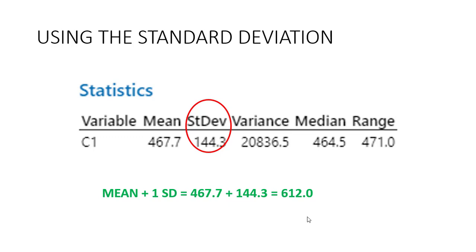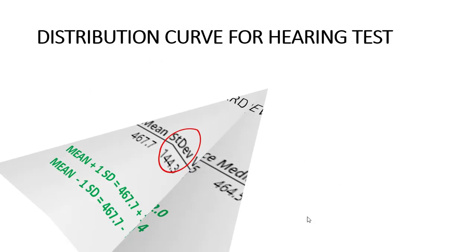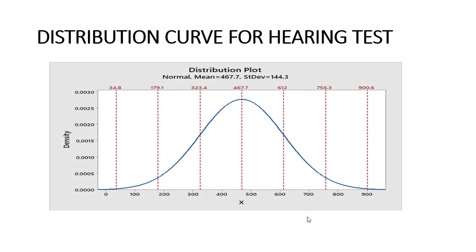I take the mean and I add 1 standard deviation. In this case, 467.7 plus 144.3 gives me 612.0, and then I subtract my standard deviation, and that gives me 323.4.